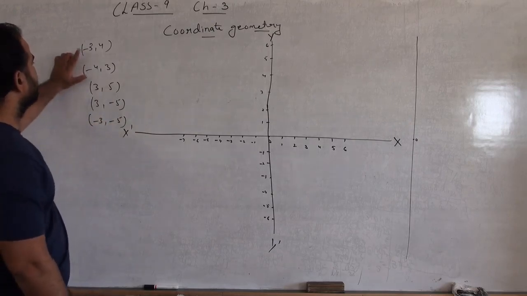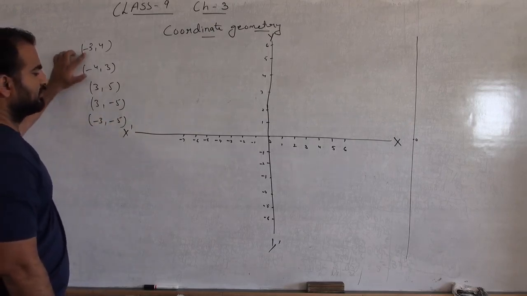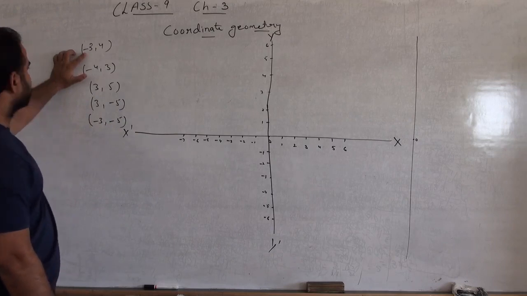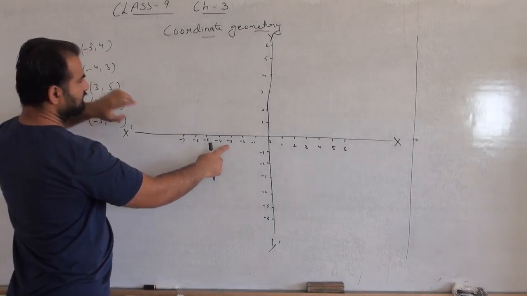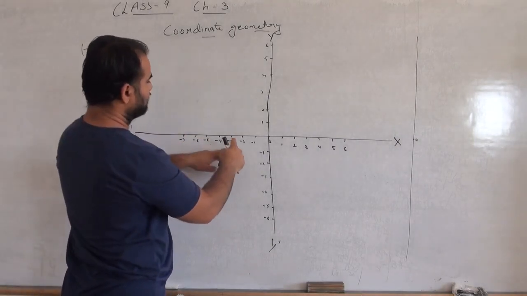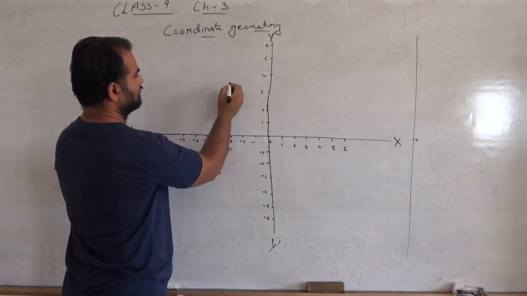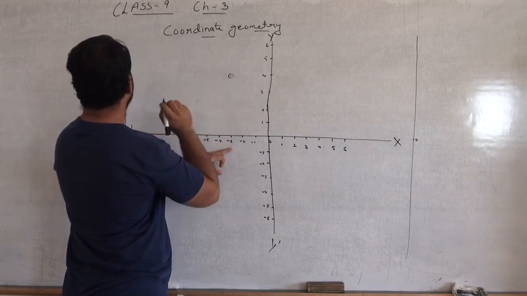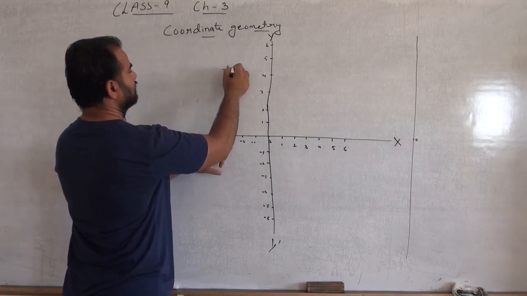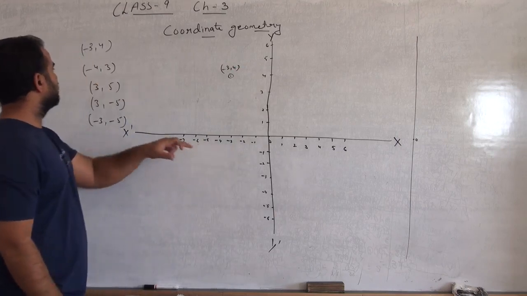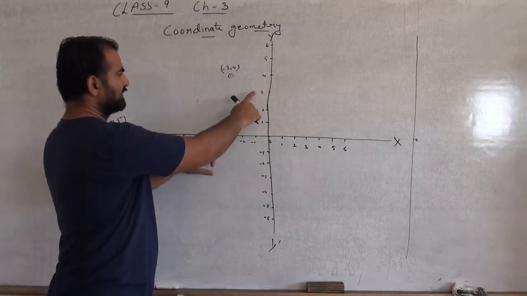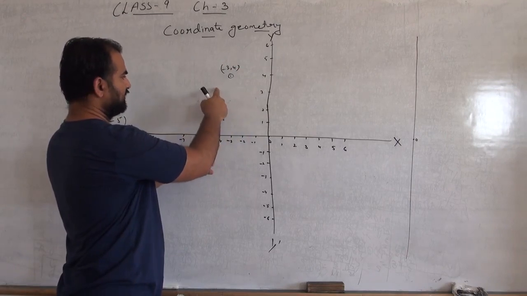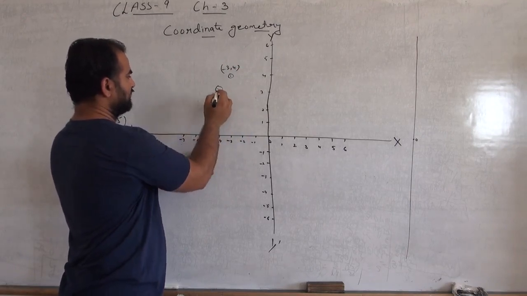What is (-3, 4)? x is -3 here, and y is +4 there, so it will be like this. Done. Next is (-4, 3). This is -4 and this is 3. Done.